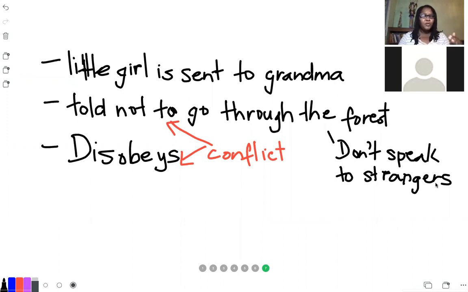Sorry. So now that she's going through the forest, if in writing your story, you have her going through the forest, la, la, la, la, la, and nothing happens, she gets to her grandmother's quite okay, you would have wasted your conflict. So you injected the conflict and then you didn't have any suspense. We used that word when we were looking at our storyline.